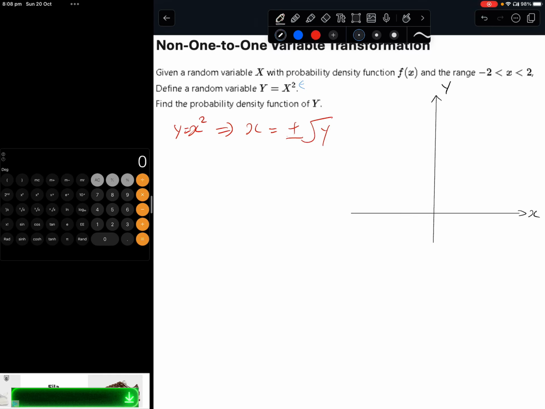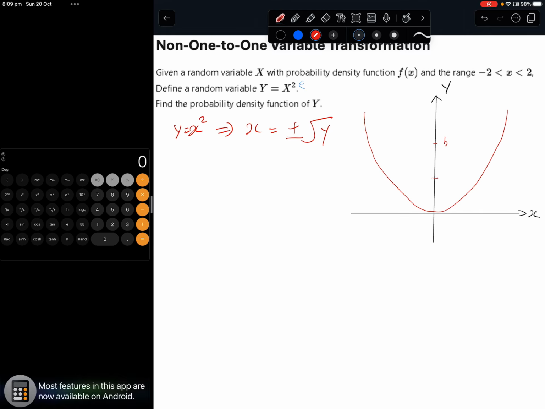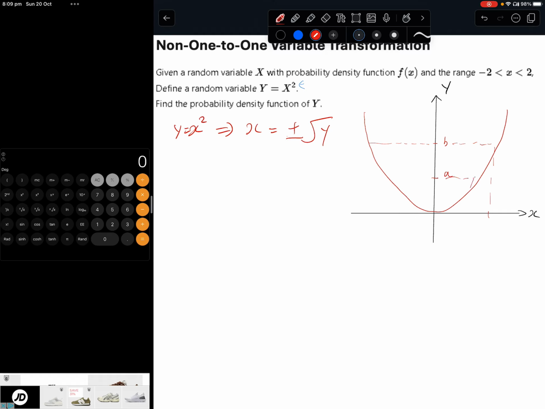So in this case, we can draw it like this, and then we mark two points here, B and A. What we want to find is this area, the area between B and A. Do you see that?